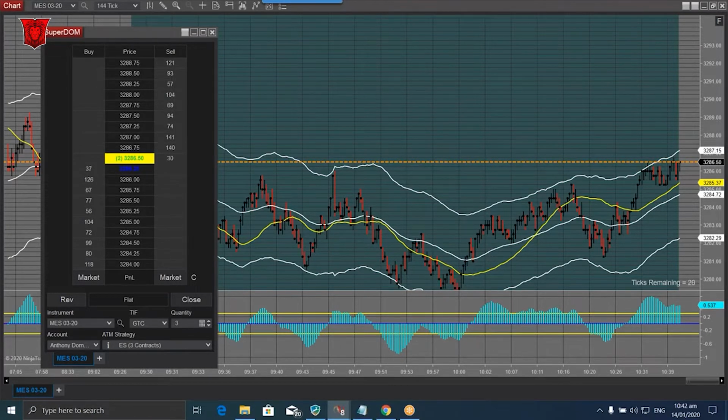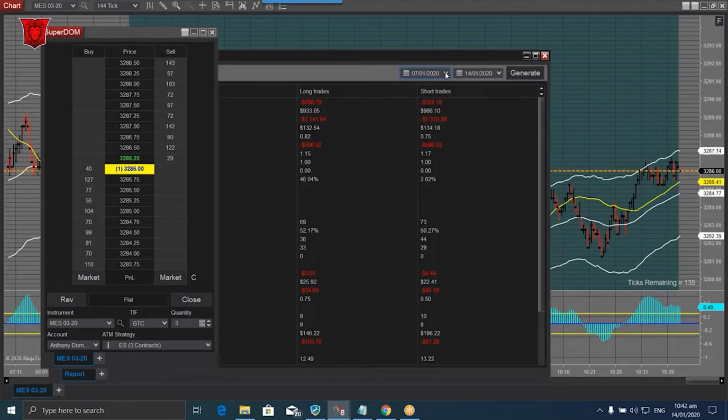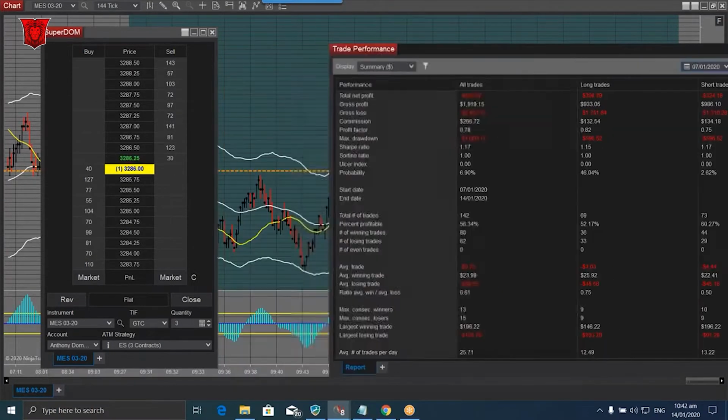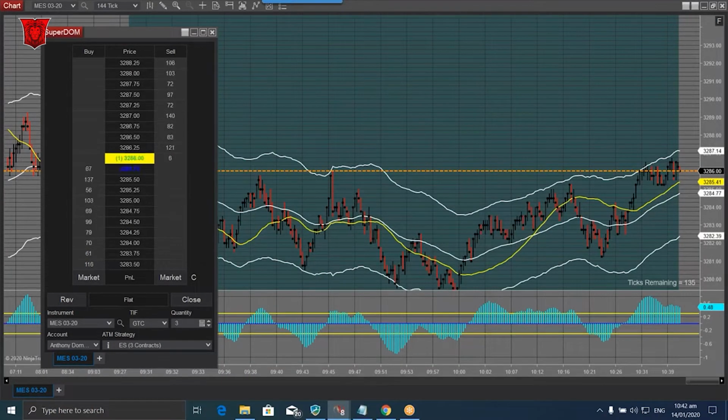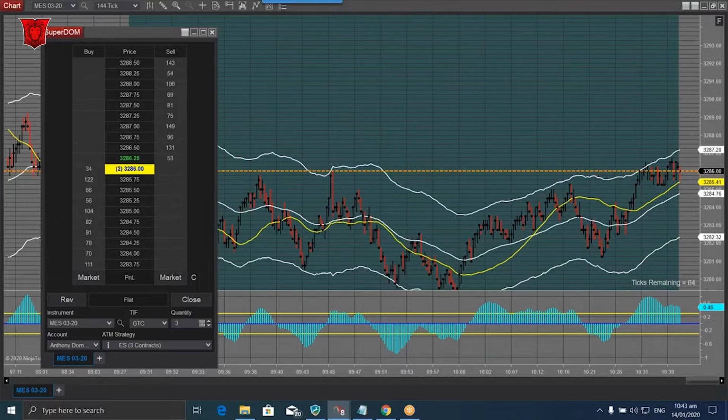Let me bring it up here. I had 2 trades, I think.